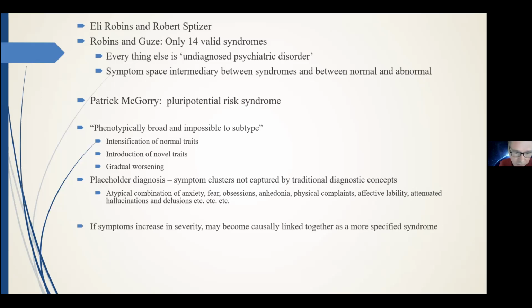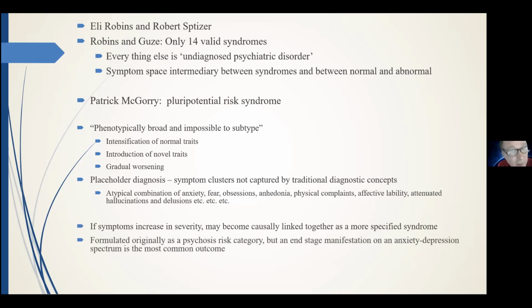McGorry says, look, if the symptoms increase in severity, they may become causally linked together as a more specified syndrome. But one of the things they've learned is that although it was originally formulated as a psychosis risk category, the most common end-stage manifestation is on the anxiety depression spectrum, not what psychologists are now calling the psychosis superspectrum.